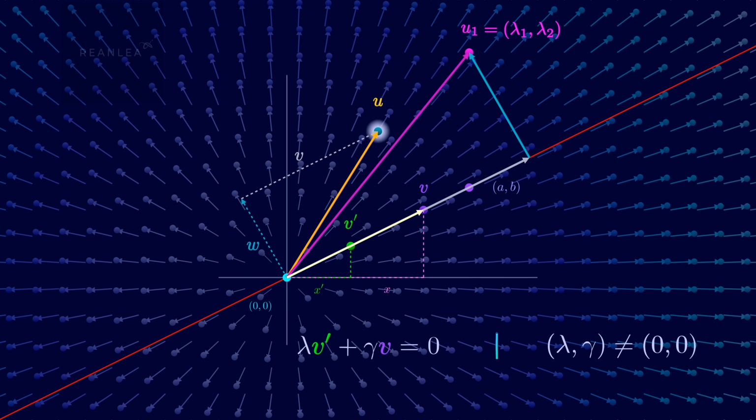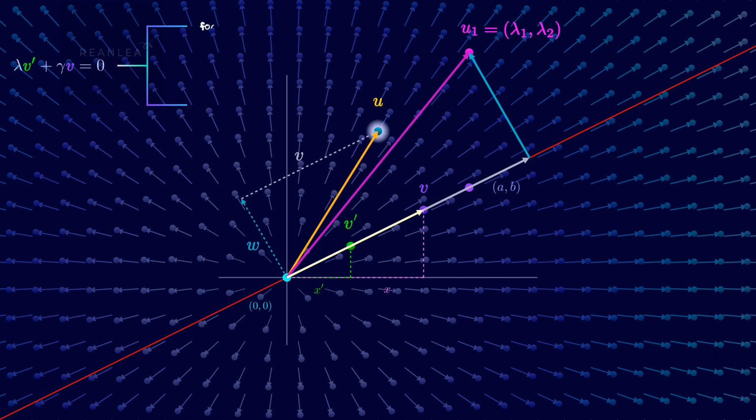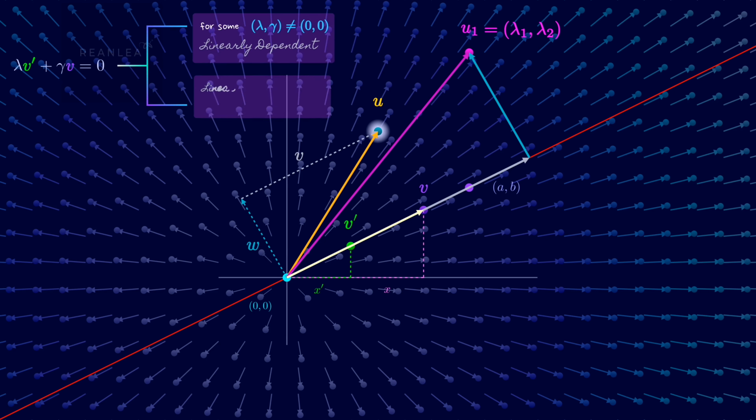Here when lambda V dash plus gamma V is 0 for some lambda and gamma which are not 0 simultaneously, then V dash and V are linearly dependent. And when lambda V dash plus gamma V is 0 only for lambda and gamma both 0, then V and V dash are linearly independent.